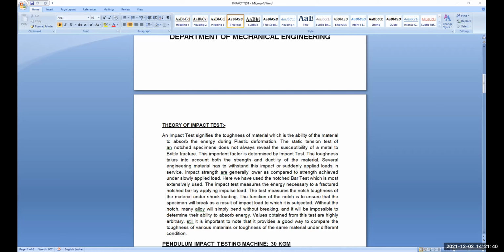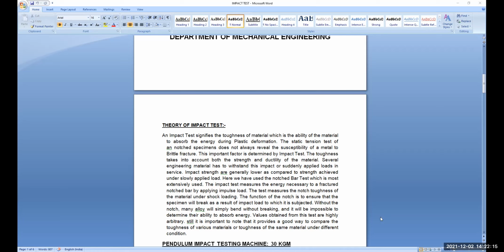There are so many different processes, but what they are doing is just transforming the metal, changing it to the desired shape. So both the strength and the ductility of the material are important here.